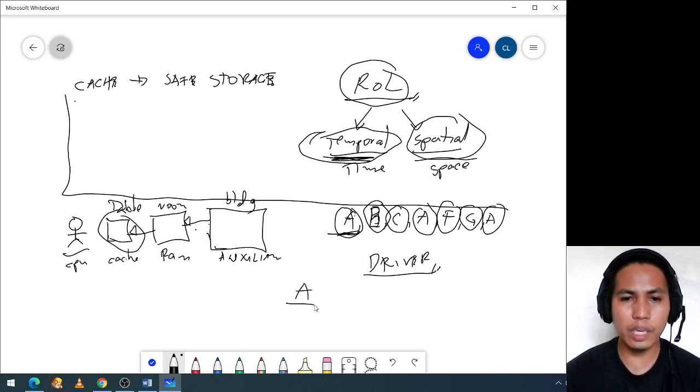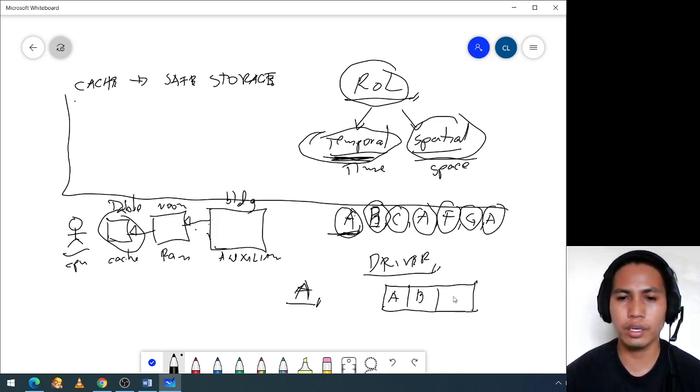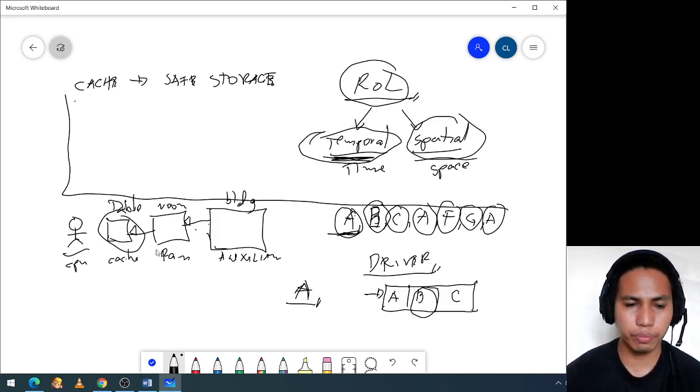Imagine, if the CPU in-access ni CPU si A, and ganito yung pagkakaayos niya sa memory: A, B, C. So, pag in-access natin si letter A, ang sinasabi po ni spatial locality po natin, if you access A, then there's a possibility na i-access mo din si B, kasi malapit lang si A kay B. That is spatial locality.